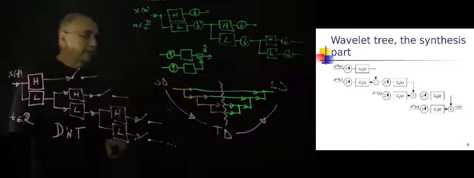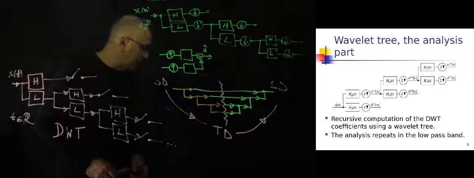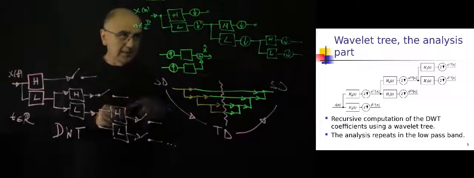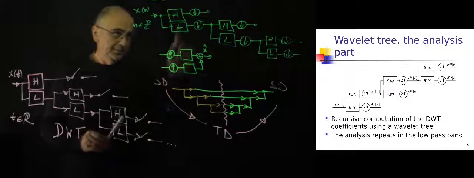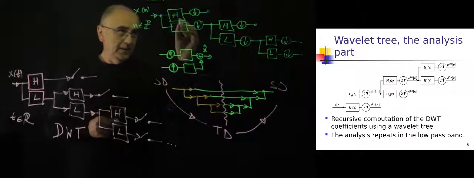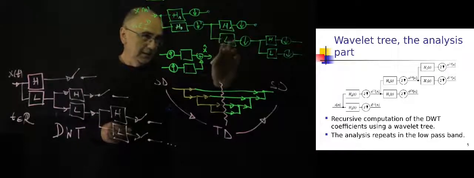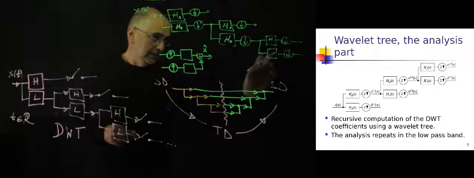So on the other side we have that part. I'm just going to use the same description as on the slides. So instead of L, I'm going to use H0 for the low pass, H1 for the high pass filter. So H1, H0, H1, H0.